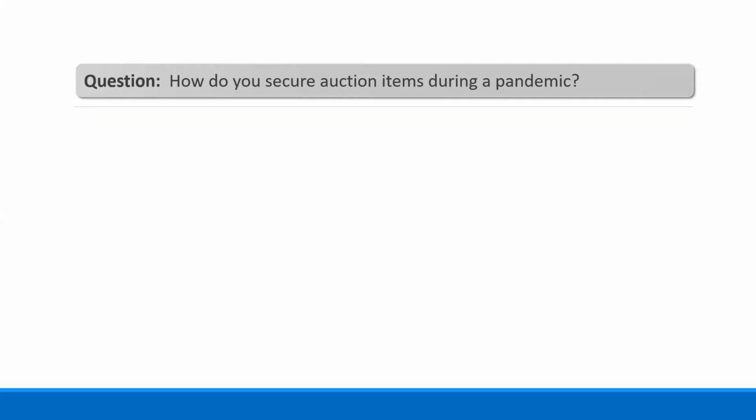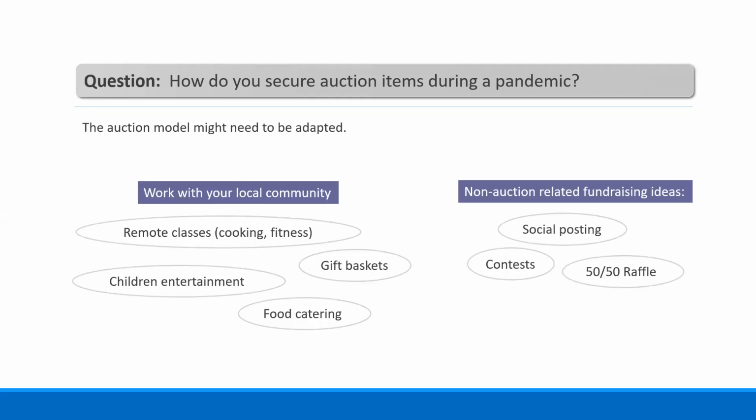What you do need to consider is reimagining what that auction model might be and adapt it. Could you split profits with the small business that is providing remote classes in cooking or fitness? Could you split the benefits of gift baskets or any sort of entertainment that can be provided through online technology? Random ideas like food catering.